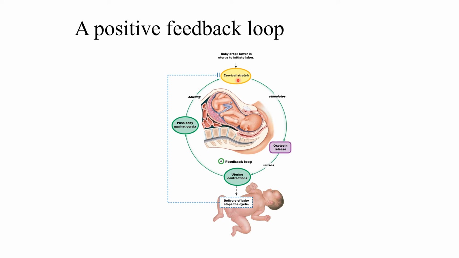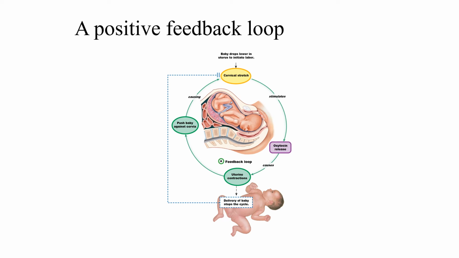So an example of a positive feedback loop is what happens during delivery. So during delivery, when the baby is about to be delivered, the baby is going to start pushing against the cervix of the mom. When the baby's head, as you can see, starts to push against the cervix, what happens is your brain is going to start sending signals to release oxytocin. Oxytocin is a hormone.